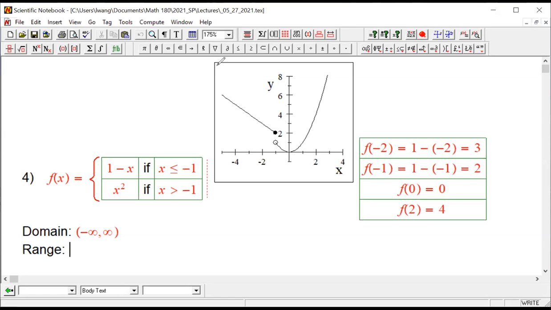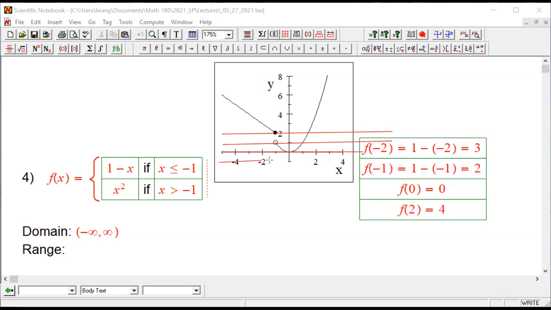If we look at range, we need to look at the levels. You can see all the real numbers at this level above 2 are covered. How about at this level, between the circle and 2? That's also covered, right? How about at 0, at this level?